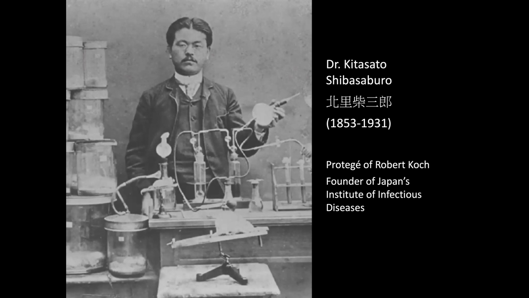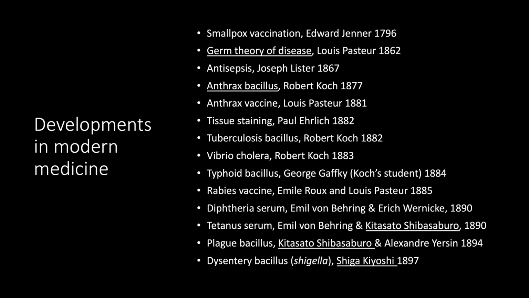When Ehrlich was given the Nobel Prize for the discovery that he made alongside Dr. Kitasato, Emil von Behring was given the Nobel Prize shortly after this 1890 discovery, which he made with Dr. Kitasato, of the tetanus serum. The Nobel Prize Committee never considered Kitasato's contributions.